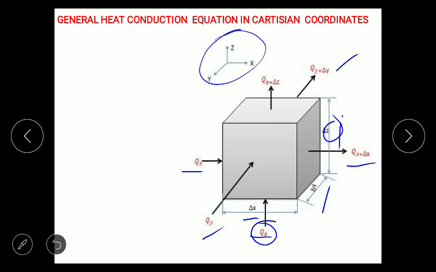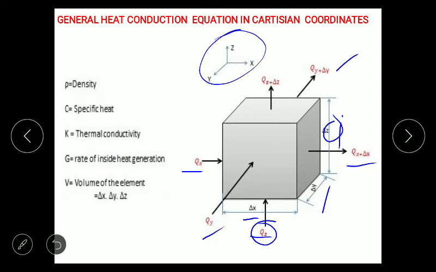These are all rates of heat, remember. These are all rates of heat supplied and coming out of the element after flowing through their respective thickness. And this element has some properties like the density rho, specific heat c, thermal conductivity k.